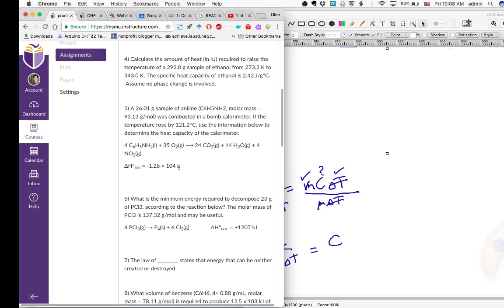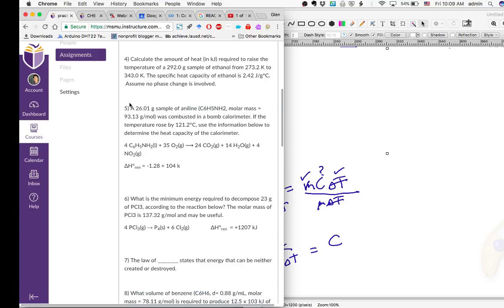But I kind of doubt that this reaction is happening just once. They give me this many grams that's reacting. Let me figure out how many moles this is. If it's exactly 4 moles, then yeah, I can use this number directly. But if it's not 4 moles, I need to change this number to fit the number of moles of aniline that I'm actually reacting here. So, let's figure it out.